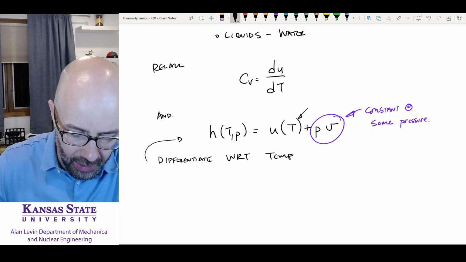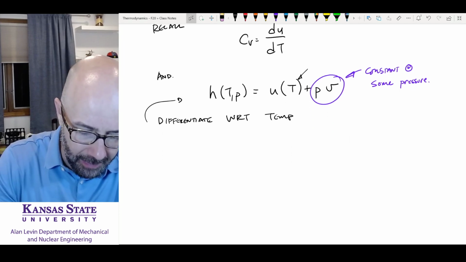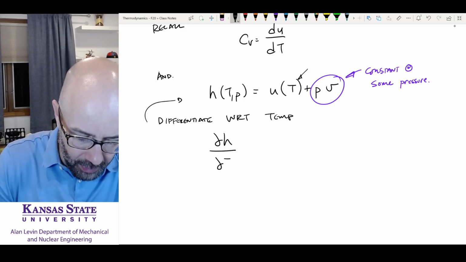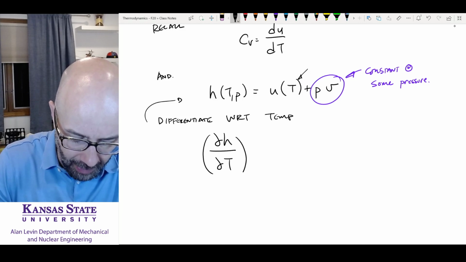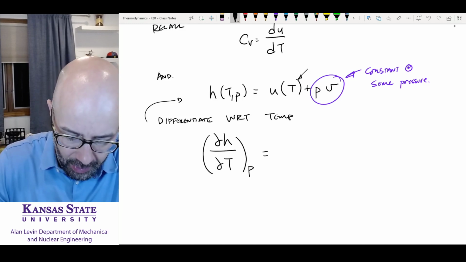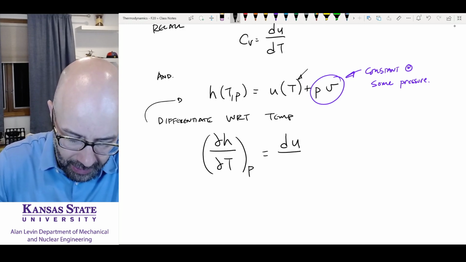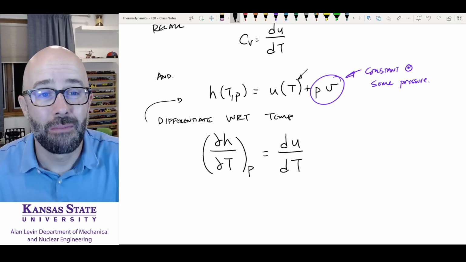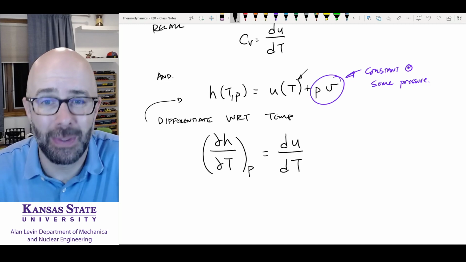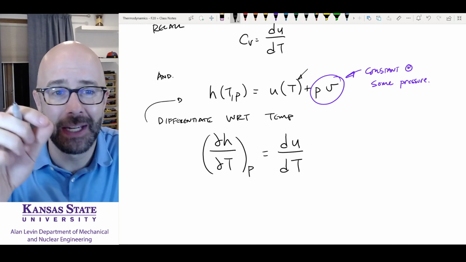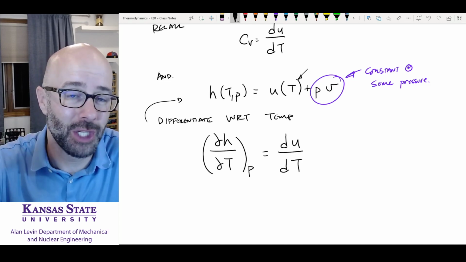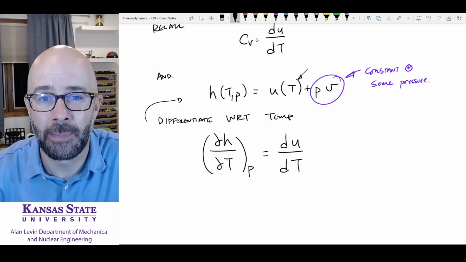And if we do this, we're going to say that the enthalpy with respect to temperature, keeping my pressure constant, is going to be equal to the internal energy with respect to temperature. Now notice here I have a partial derivative, dH, because enthalpy is a function of temperature and pressure, and on the other side, internal energy is only a function of temperature, so I have an ordinary derivative.